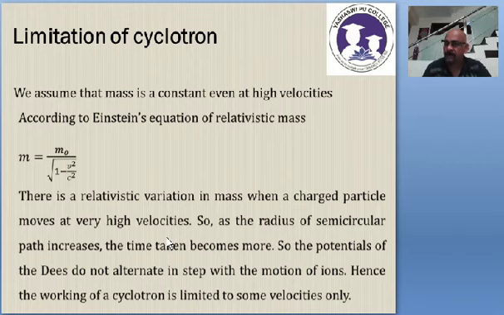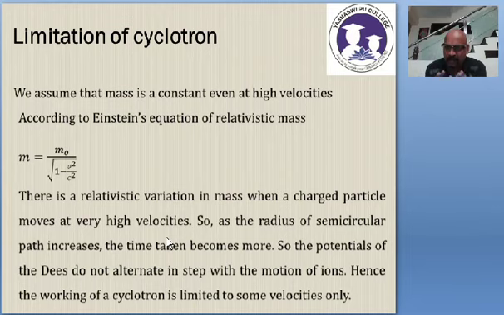Therefore, charged particles with very low mass cannot be energized easily, and you require a very big cyclotron to produce very high energies. The physical size of the cyclotron should be very high, and that is the limitation.